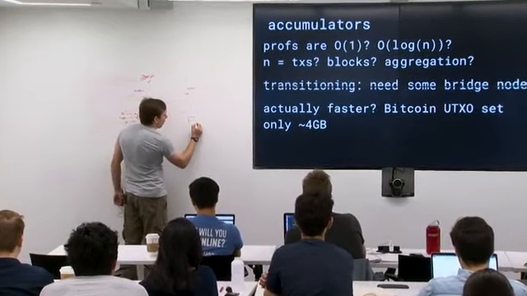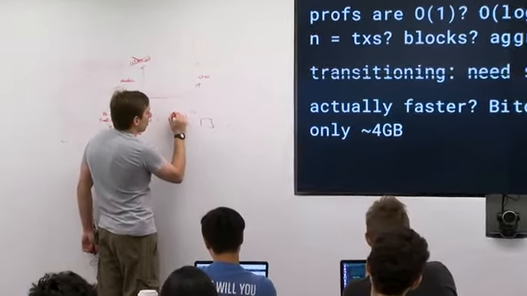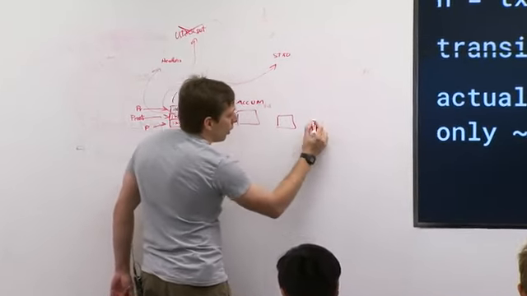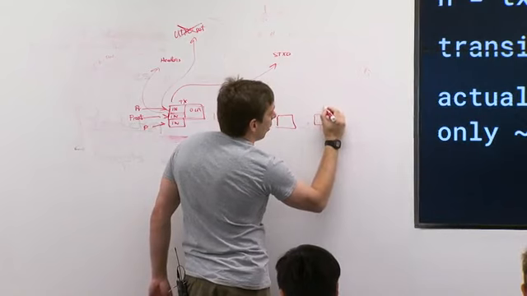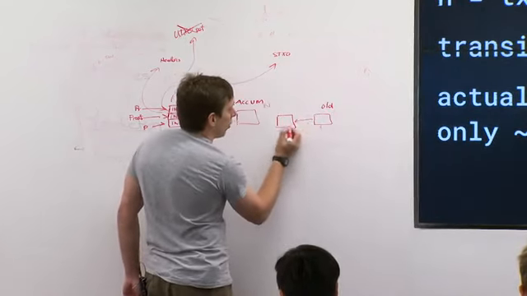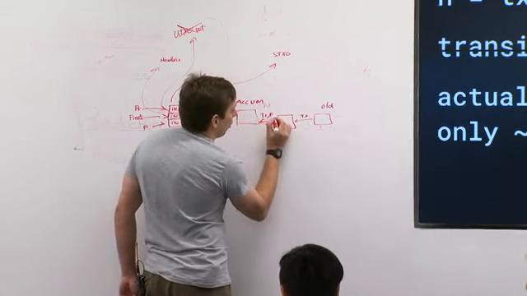And the idea of a bridge node is you've got, so here's an accumulator node where it requires proofs. Here's an old node that just has regular UTXOs. So when the old node sends a transaction, this gives TX proof, right?